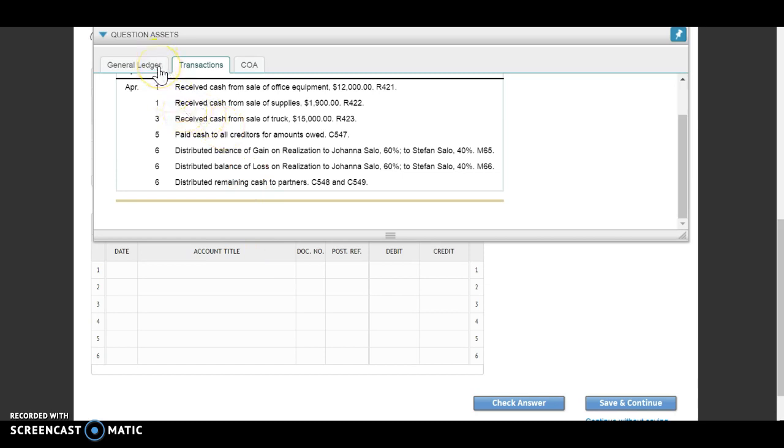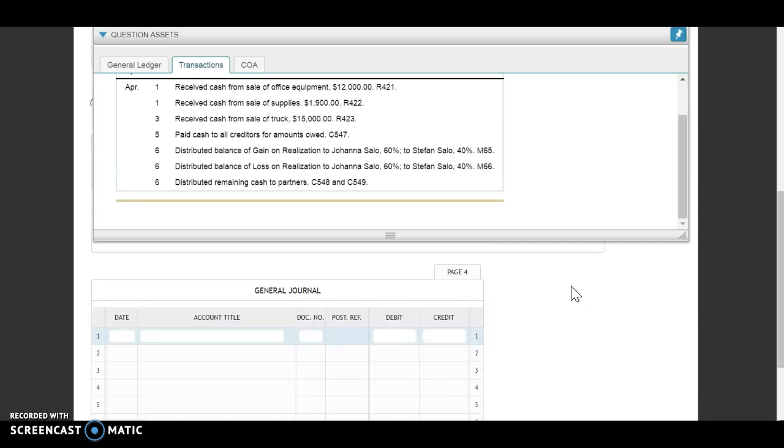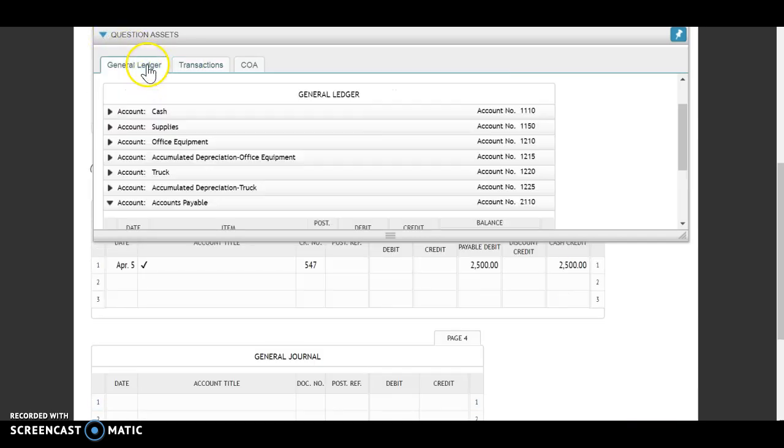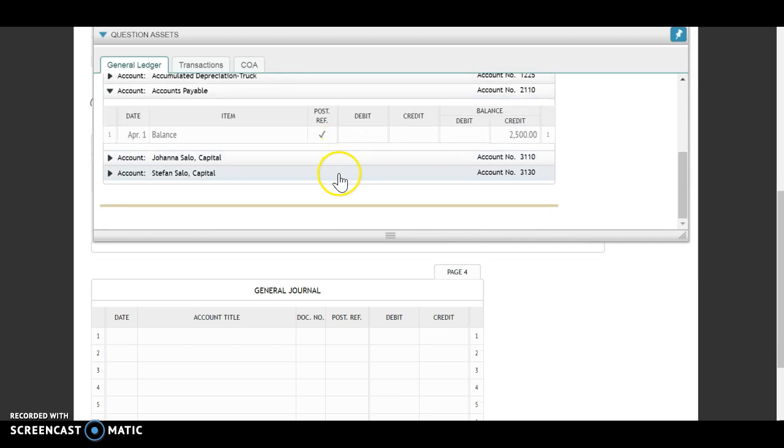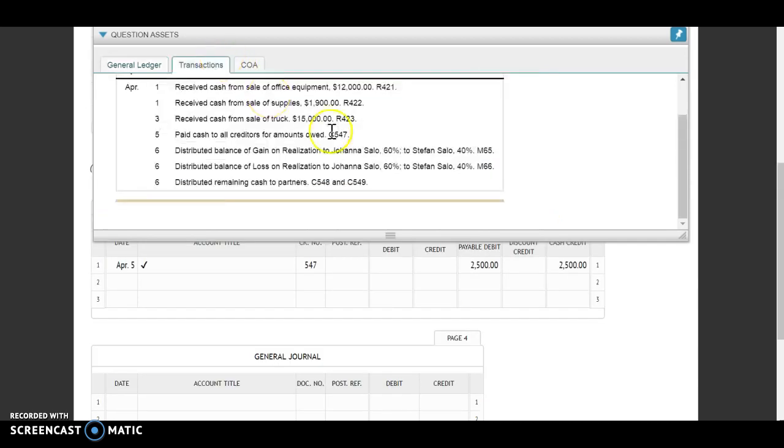We should have our closing entries title on there, but I don't believe they're wanting us to put that in there for this. So let's go ahead and we need to look back and see what our gain and our loss totals are. Because they don't have that for us in our general ledger since we just updated those.